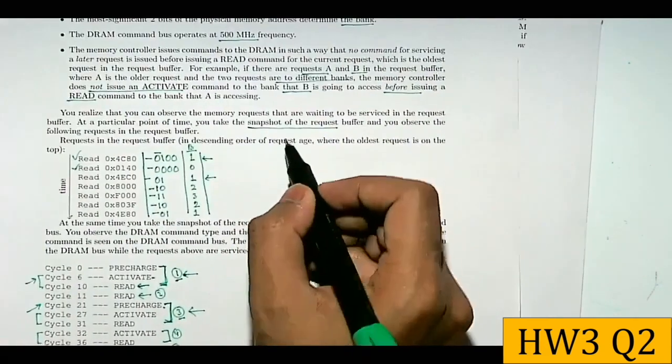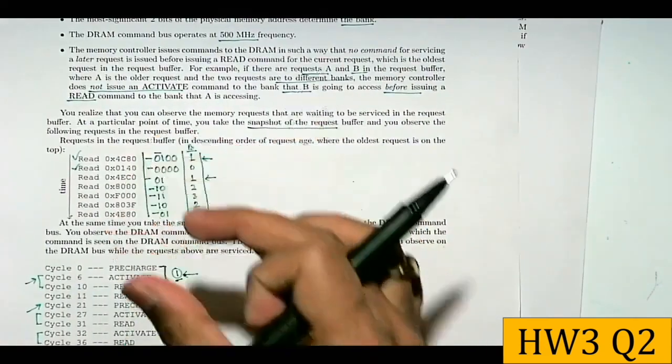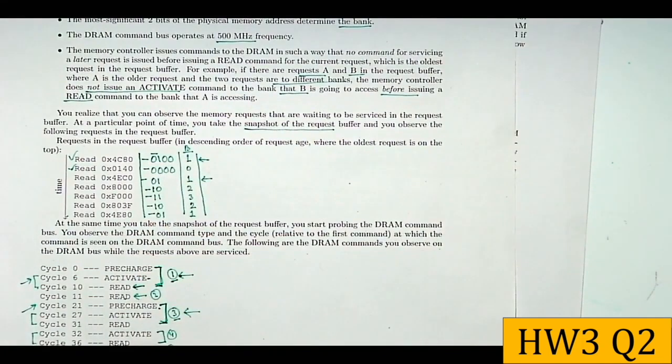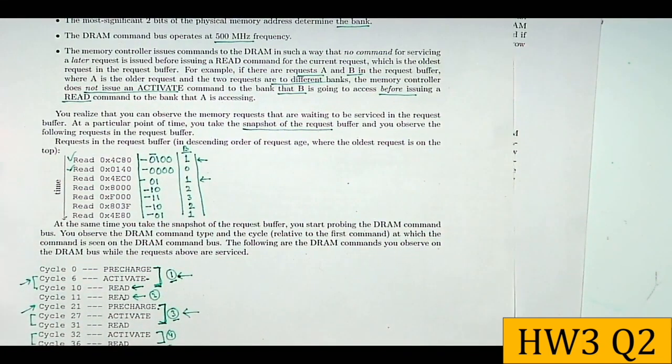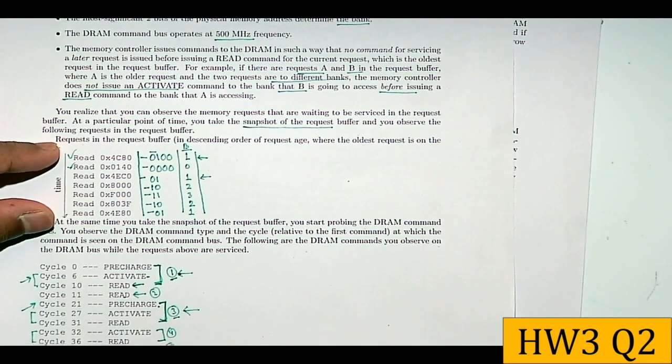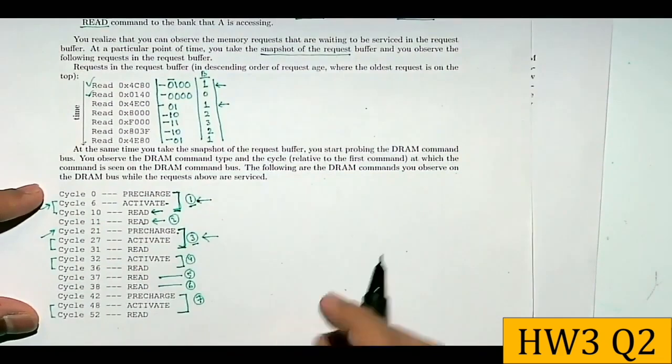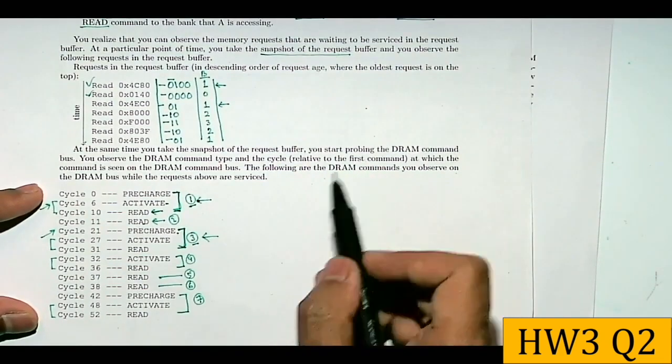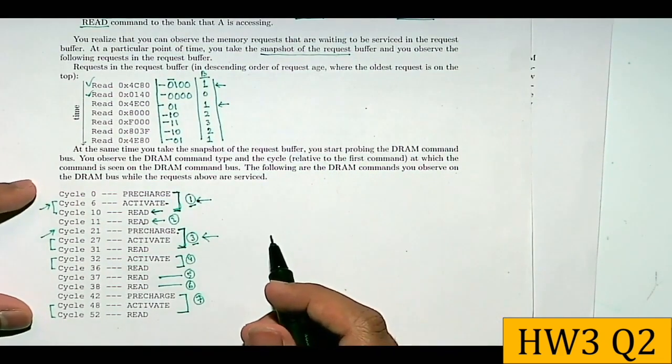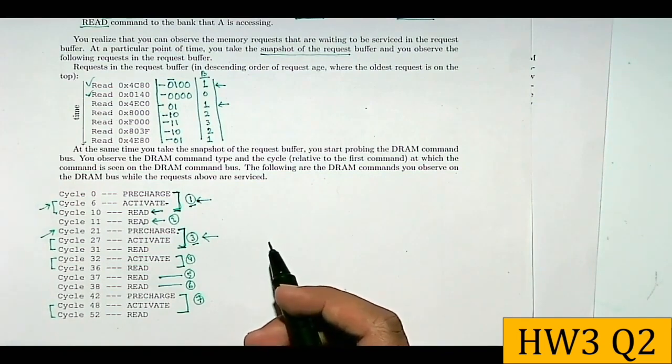But this question said that this is the snapshot of the request buffer at once, when you actually started seeing this. So your request buffer showed a state like this, and then you probe the command bus. That's what it says: you probe the command bus, and you saw this sequence of commands the DRAM command controller actually issued. Make sense?